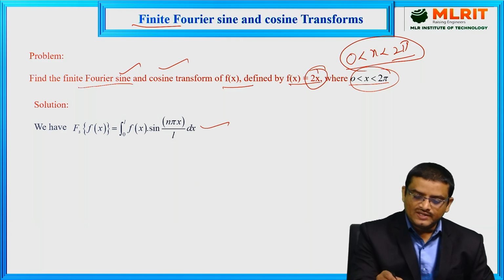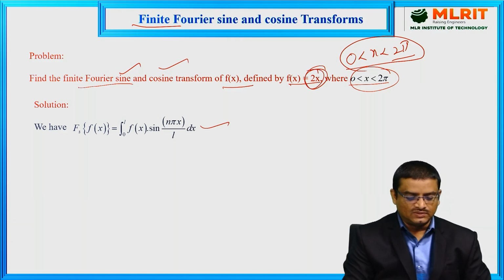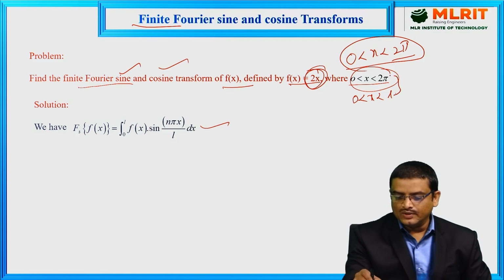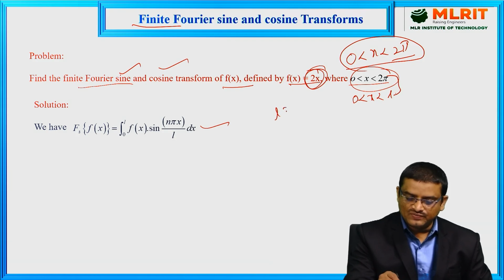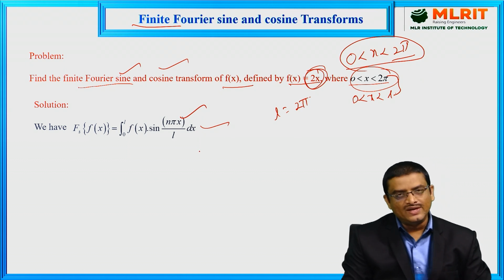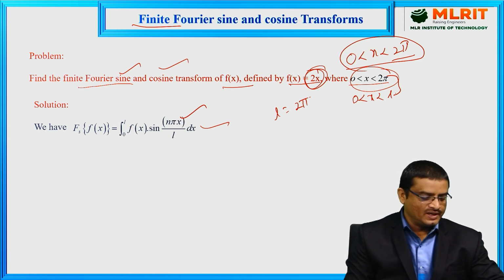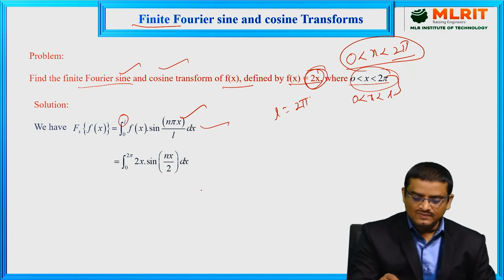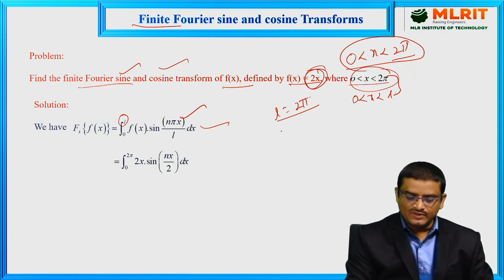Now replace f of x with 2x, and our standard limits are represented with 0 less than x less than L. Comparing these two, in place of L here we have 2 pi. So wherever we have L in this formula, we can replace that L with 2 pi.